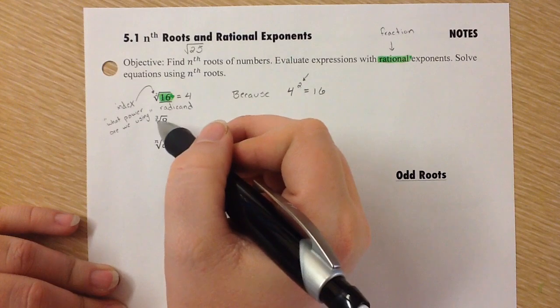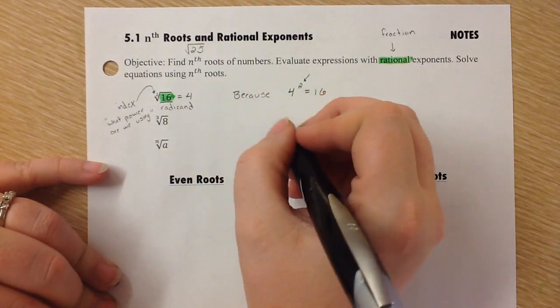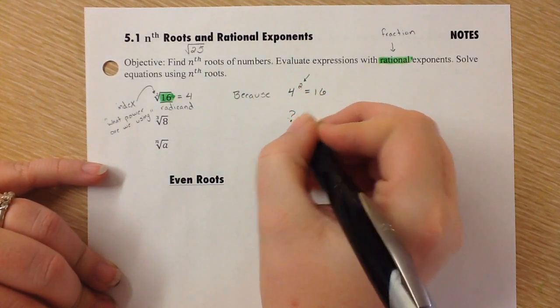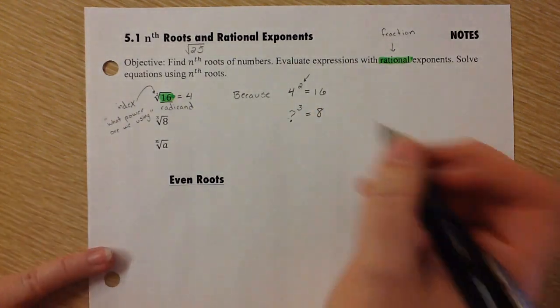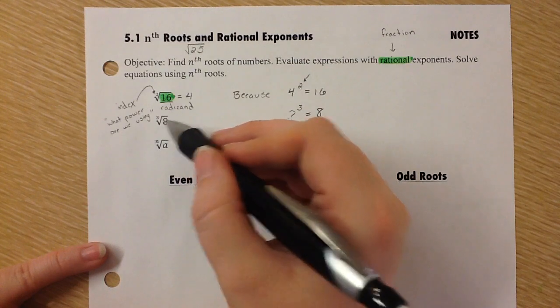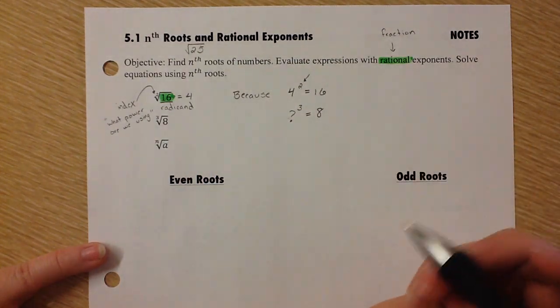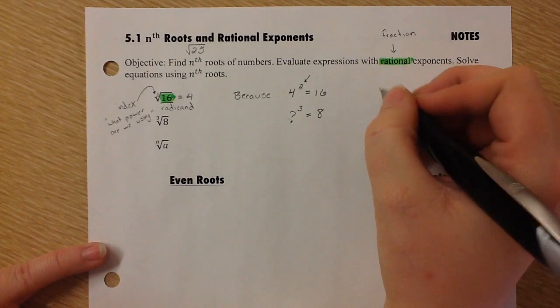So when I have, let's say, the third root of 8, really what I'm looking for is something to the third power where I get 8. To help me figure that out, it's helpful to have a list of our thirds.